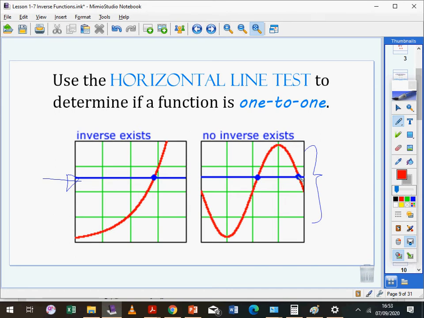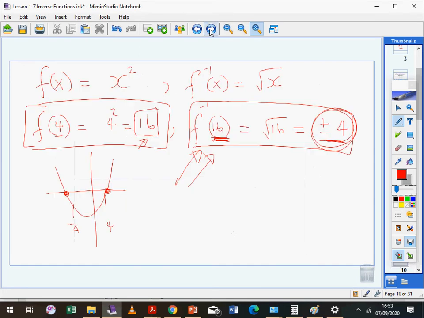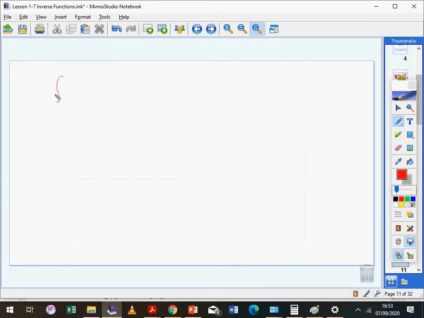So going back to this f of x equals x squared, and its inverse being the square root of x, this function can be true for certain sections of this graph.